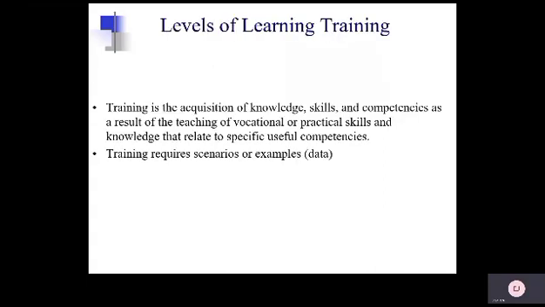As far as the basic machine learning structure is concerned, because I've already told you we have different structures which are combined to develop a machine learning algorithm. It means we should have some level of learning, and the level of learning depends upon the training, how much data we have, the acquisition of knowledge we have, how many skills we have, and what competence we have to actually teach the system to retrieve the significant information or features from the data sample provided to the system.